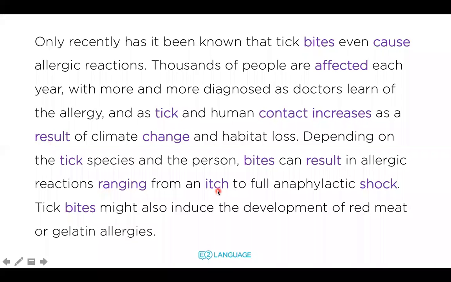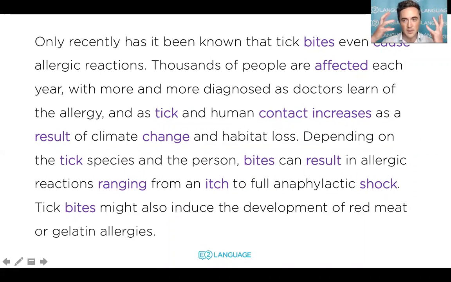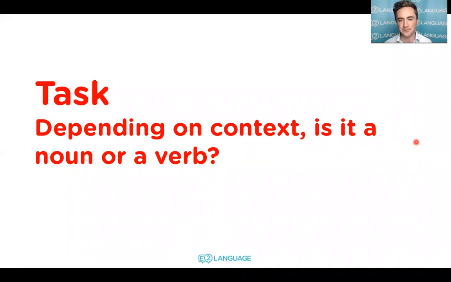The itch and you can itch. The shock and you can shock. The bite and you can bite. It's hard. That's a real mind-bending, tricky thing to think about, but it's just something to be aware of when you're identifying words. Let's not spend too much longer on it because it's also pretty confusing. Cool. One more thing.